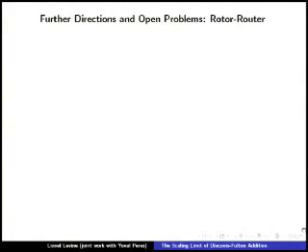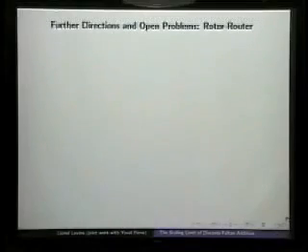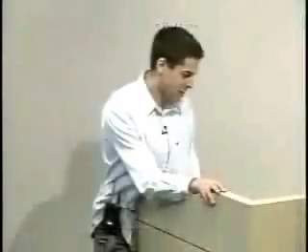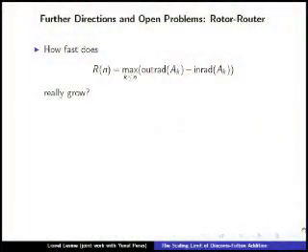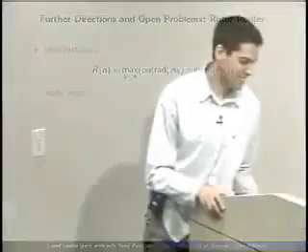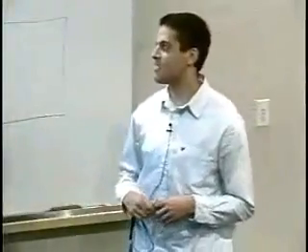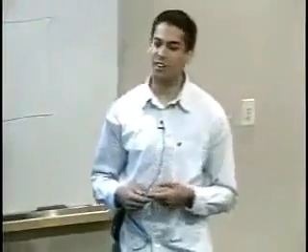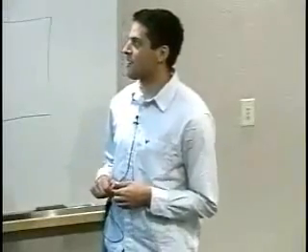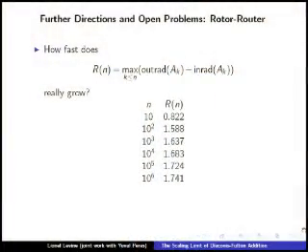But okay, so I just want to talk briefly about a lot of things which are still open. So first, for the rotor-router model, how round is it really? So if we look up until n particles have aggregated, if you take the difference between the in and out radii, and take the maximum difference over all times up to time n, how fast does this function grow as a function of n? So here's some data.